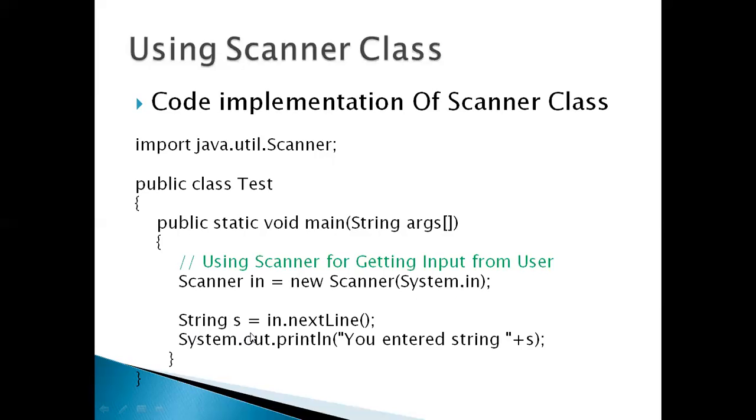And then finally, we need to declare a variable s which will hold the input. So the variable is s having data type String. So String s is equal to in.nextLine(). This is the syntax for reading a line or for reading a string. And finally, we output it by System.out.println. So this is our second method.